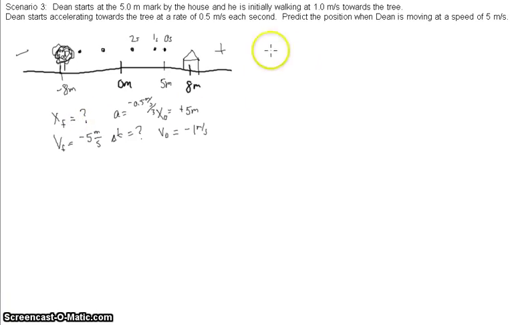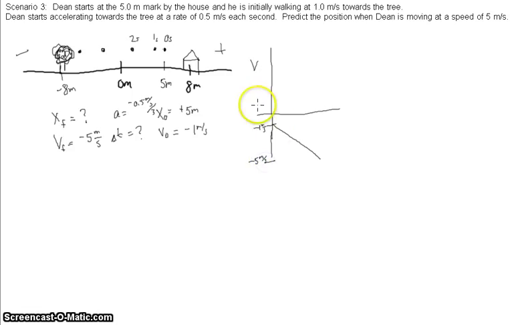Alright, if we look at this from a graphical point of view, if I look at my velocity versus time graph, we know that Dean starts at negative 1 meter per second, and he's getting faster at constant acceleration. So I'll start in the negative numbers, and I'll get larger to negative 5 meters per second.